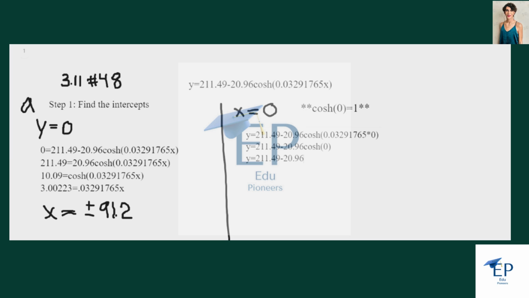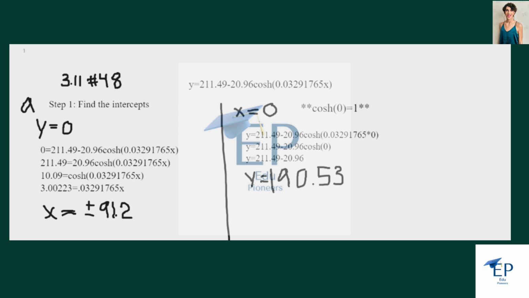This leaves us with our final answer for the y-intercept: y is equal to 190.53. Now that we have these intercepts, we can go ahead and get our graph finished.